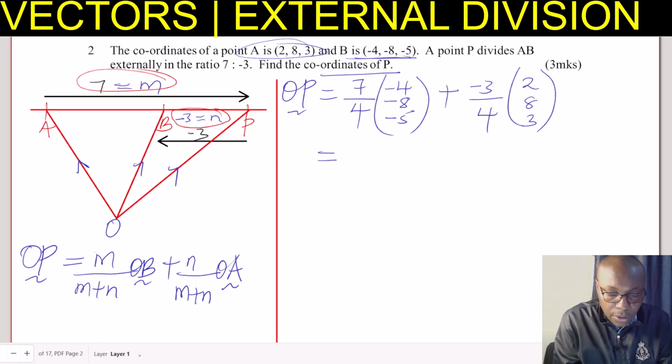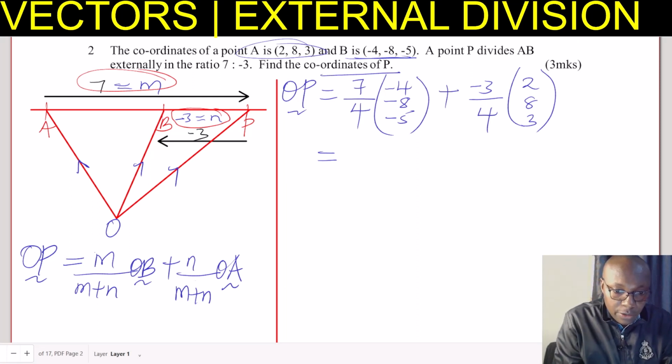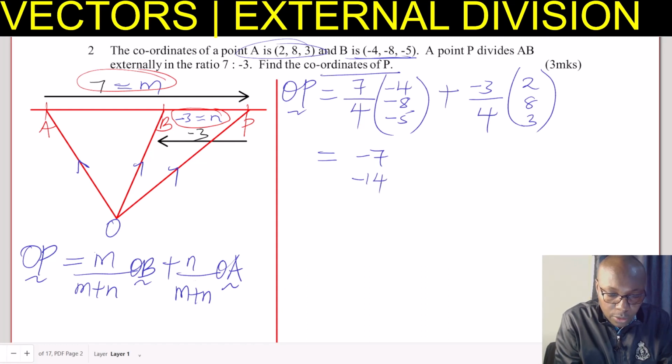So from there, we simply need to open the brackets. So 7 divided by 4, multiply by each term that is inside here. So 7 divided by 4, multiply by -4, that will give -7. 7 divided by 4 multiplied by negative 8, that will give negative 14. Then 7 over 4 multiplied by negative 5, that one will have a remainder, so let us give it in form of decimal.